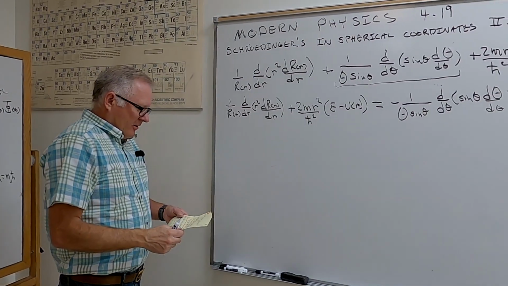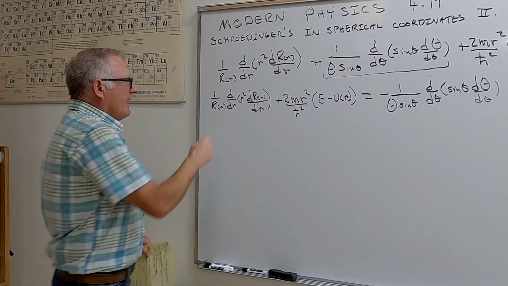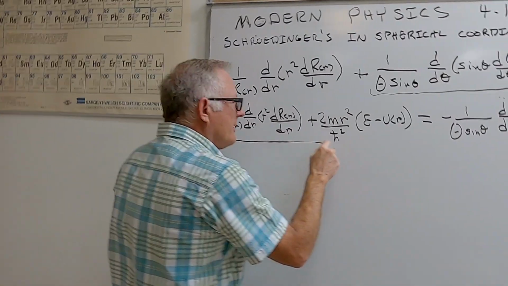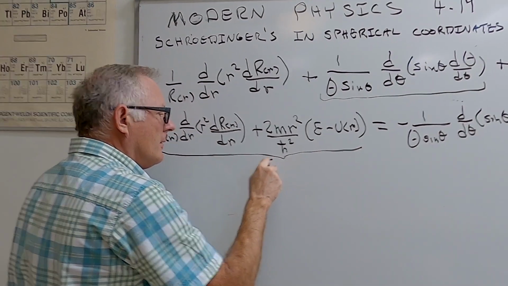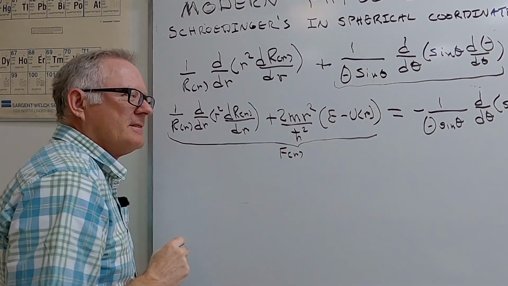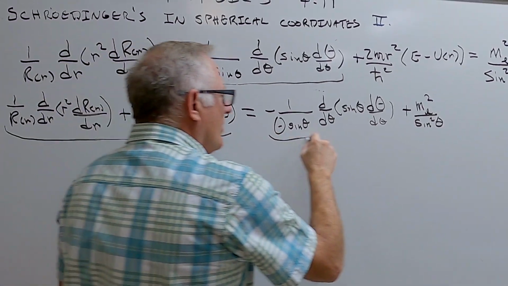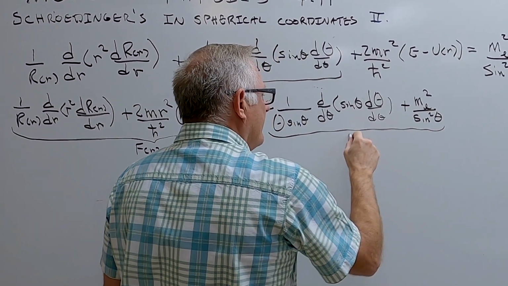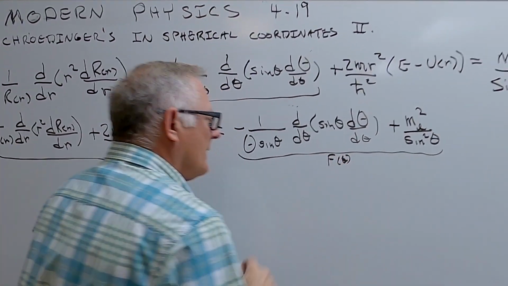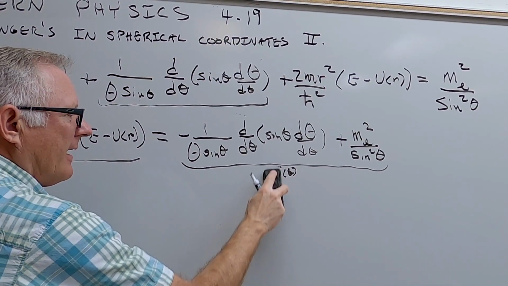Again, looking at this, we can see that this is just a function of r. That's all it is. And this is only a function of theta, a different function of theta, I guess I would say g of theta.